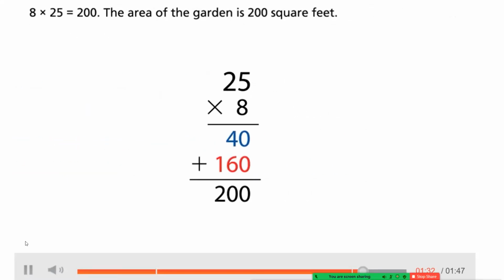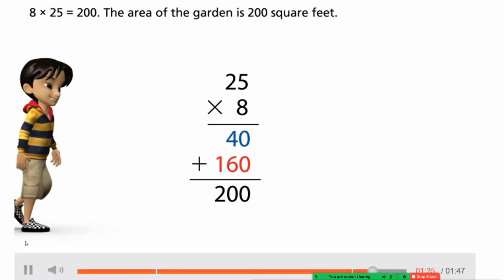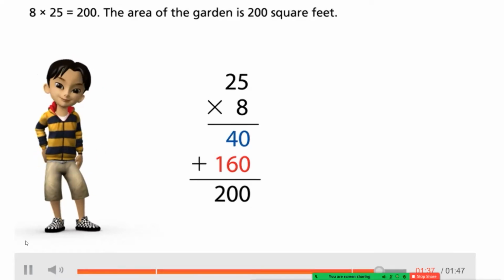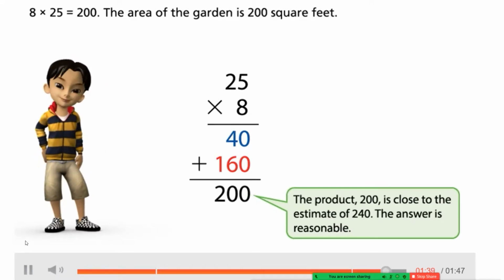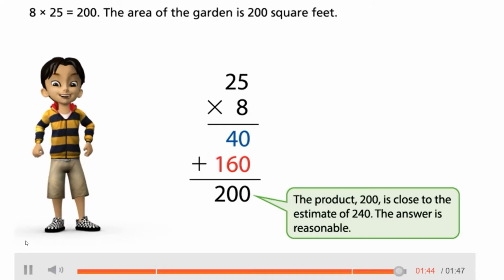Eight times 25 equals 200. The area of the garden is 200 square feet. The product, 200, is close to the estimate of 240. The answer is reasonable.